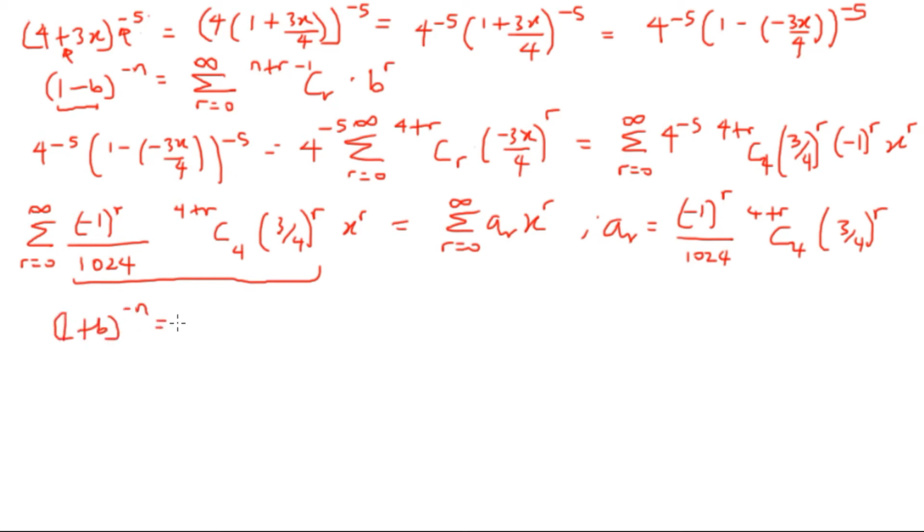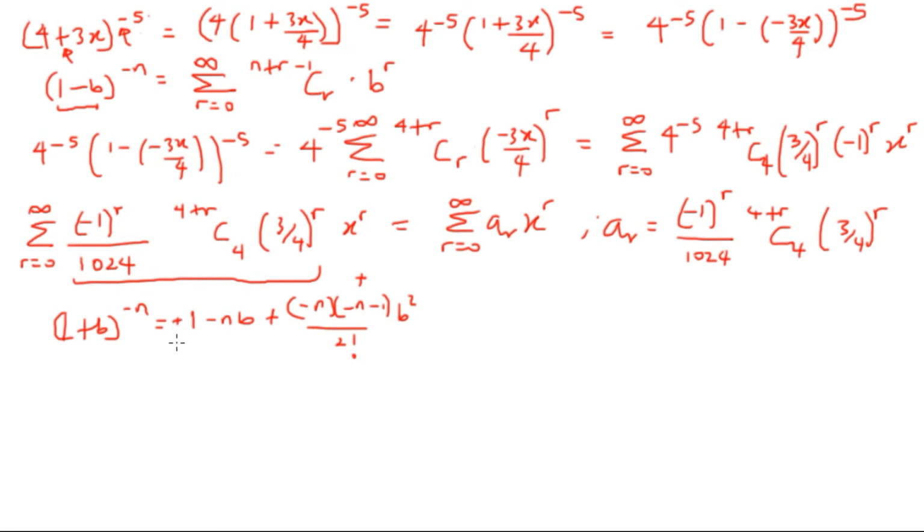You will notice that if I try to expand a binomial that looks like this, I will have 1 minus nb, then plus minus n into minus n minus 1, then b squared over 2 factorial. If we check this very well, minus n minus 1 is negative, and then this negative sign becomes positive.